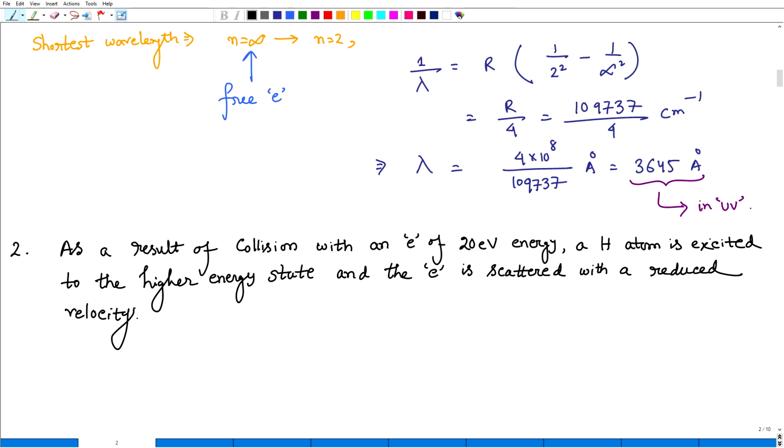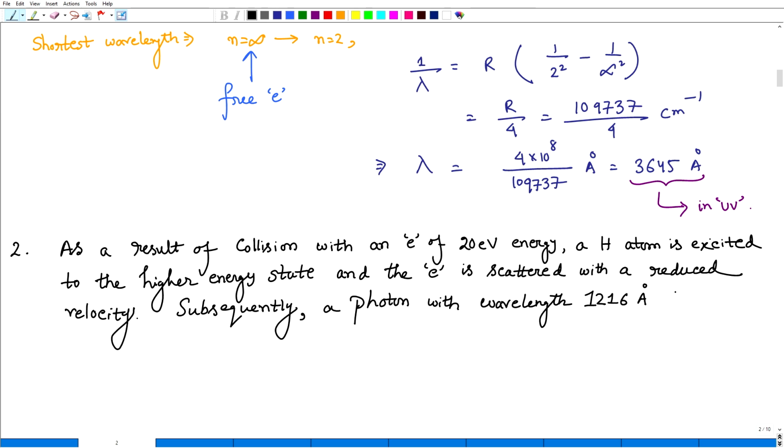Subsequently, a photon with wavelength 1216 angstrom is emitted from the hydrogen atom. Determine the velocity of the electron after collision.